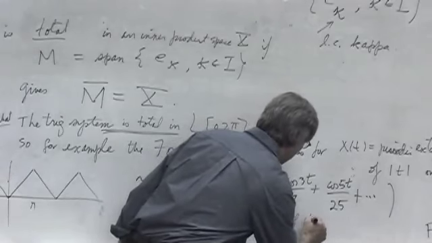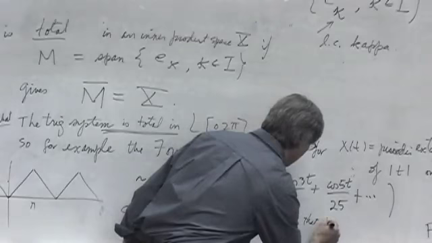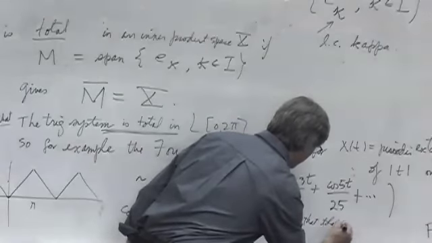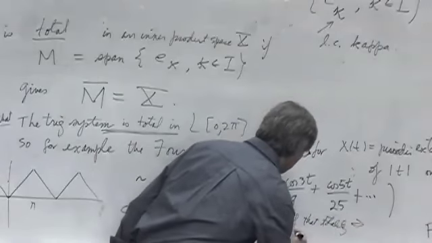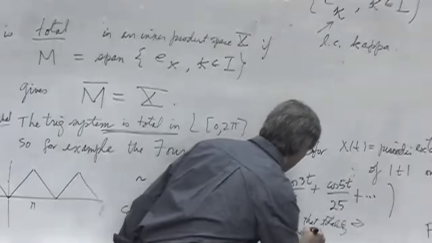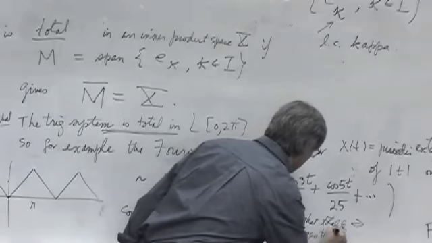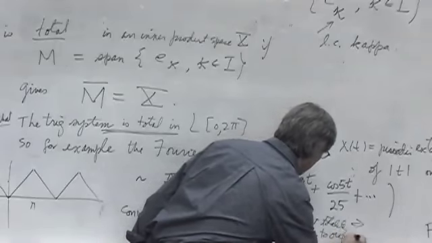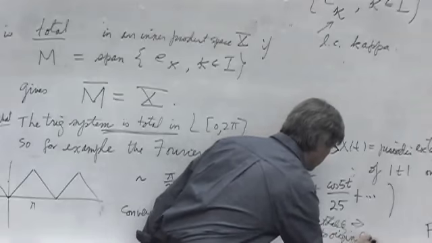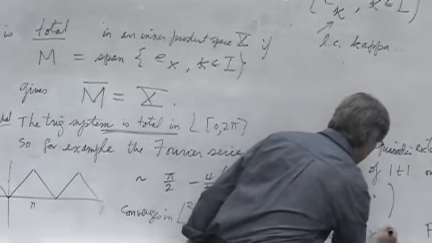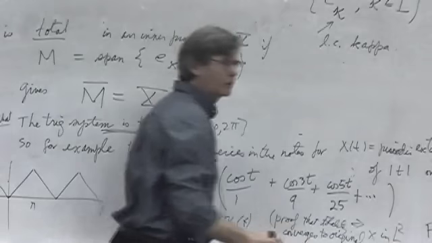Proof that totality implies convergence in L2 to the original function in L2, original x in L2, will be by the Parseval relation.